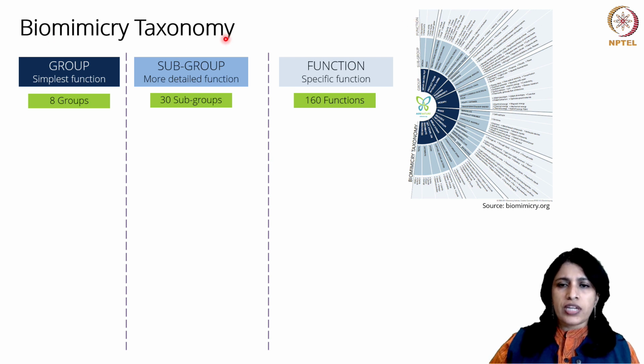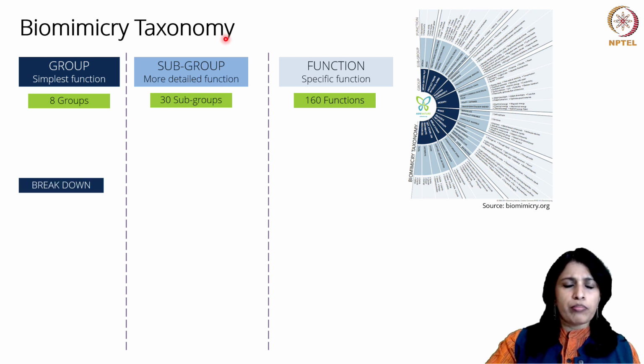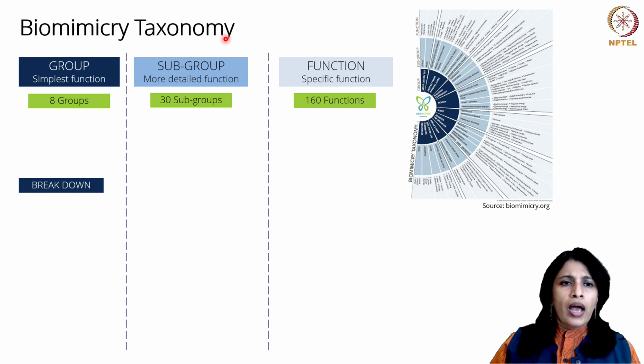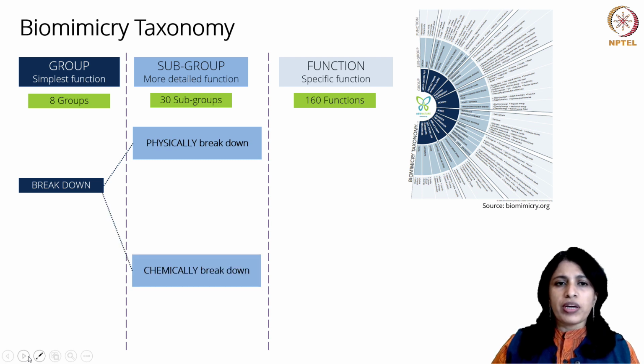For example, if you take one of them, which is breakdown, which is a function that many organisms perform, under breakdown, you will find 2 subgroups. The 2 subgroups are physically breakdown and chemically breakdown. So if you see, the simple function is breakdown. The two subgroups under that are physically breakdown and chemically breakdown.